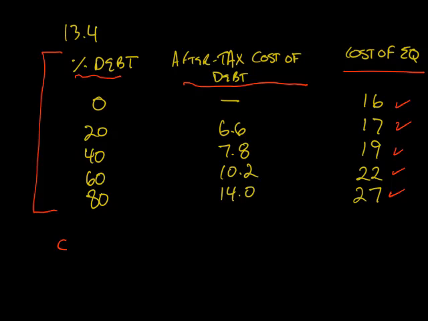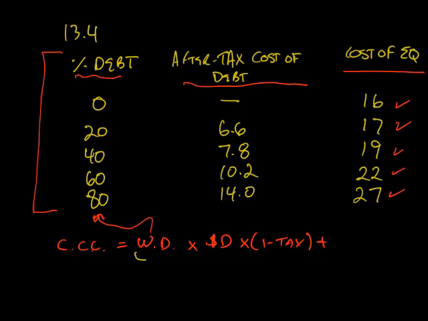The corporate cost of capital equals the weighted debt, which is basically this column here, the percentage of debt within that capital structure, multiplied times the cost of the debt, multiplied times 1 minus the tax rate, whatever that particular tax rate is for the organization, plus, and remember that was the debt side of your capital structure, now the equity side.